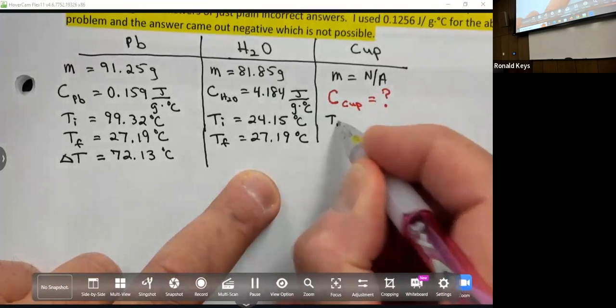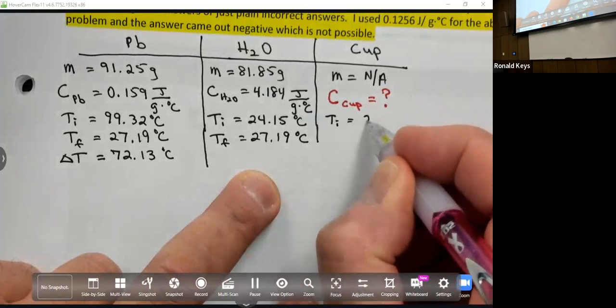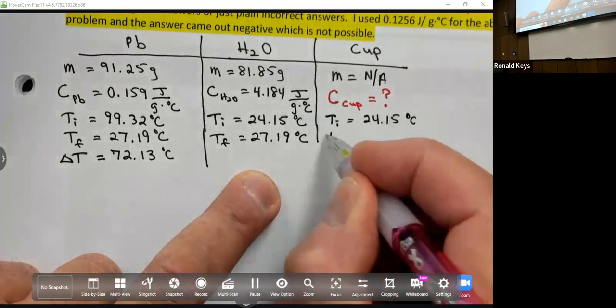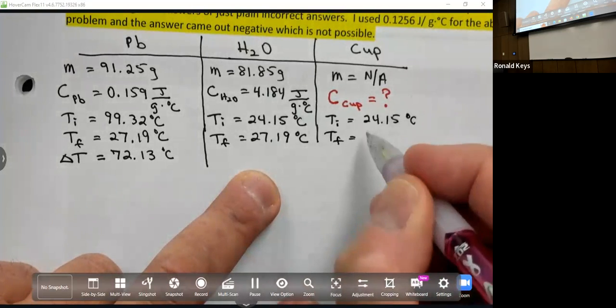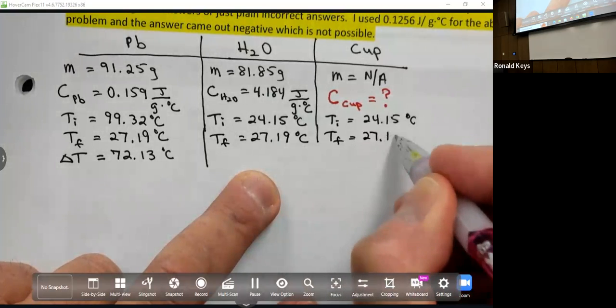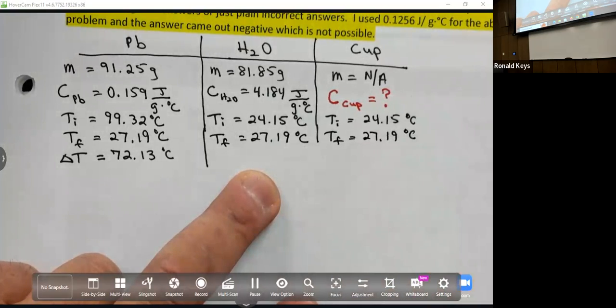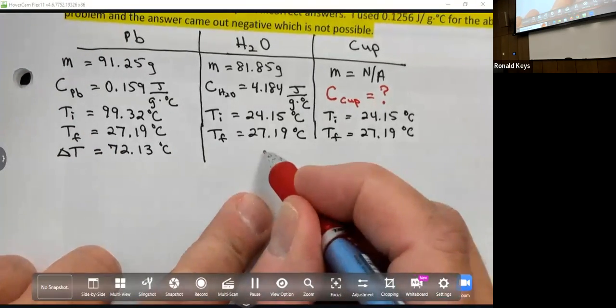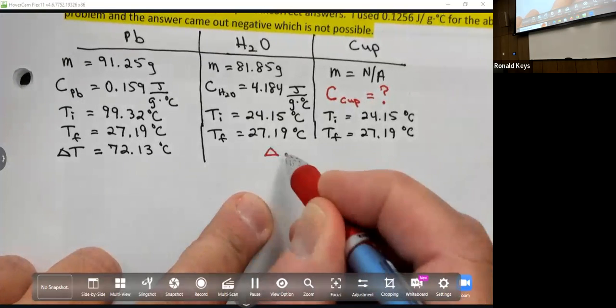Temperature of the cup, same as the water, 24.15. And the final 27.19. This temperature change is the same for both.